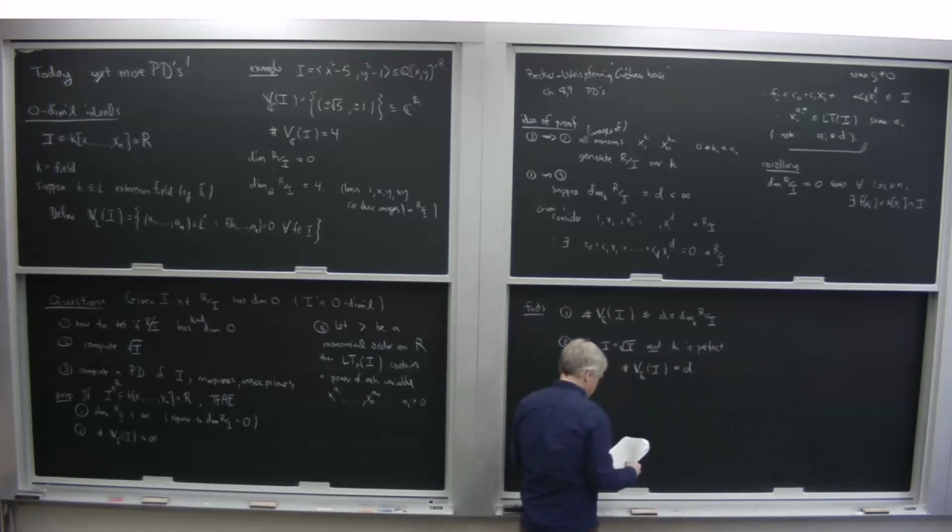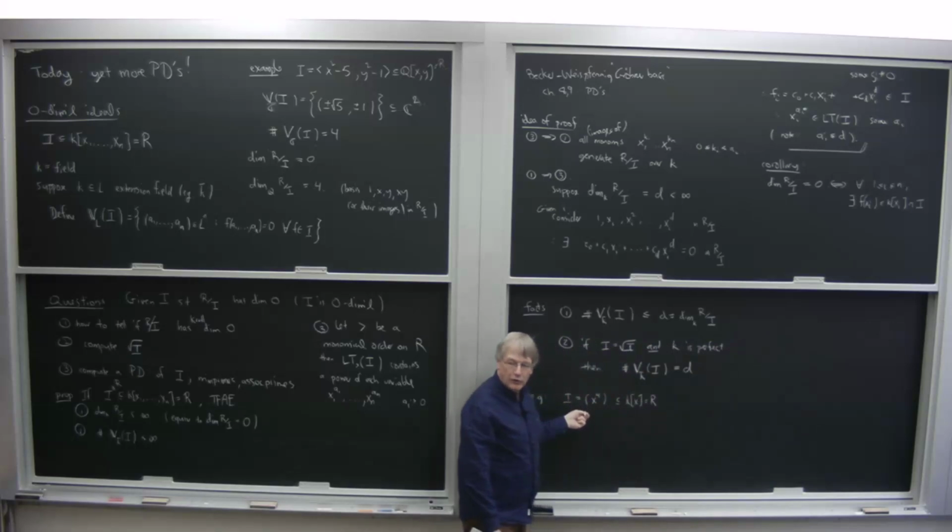Because if I have an ideal that is not radical, it's going to have multiplicities. Here are two examples that are of interest. How about I equal to x to the fourth contained in k[x]?